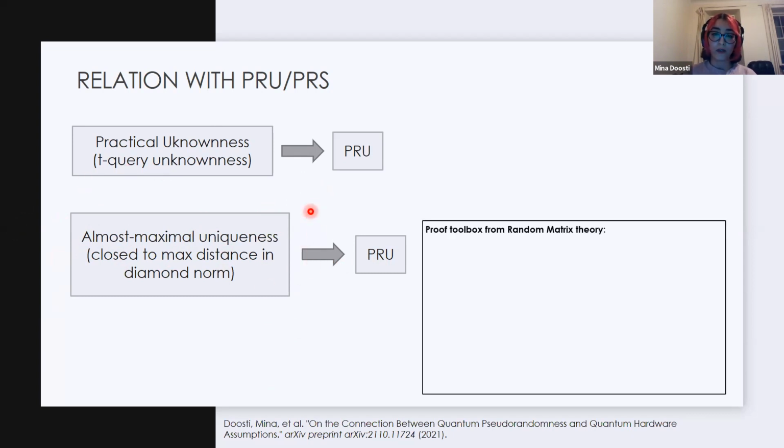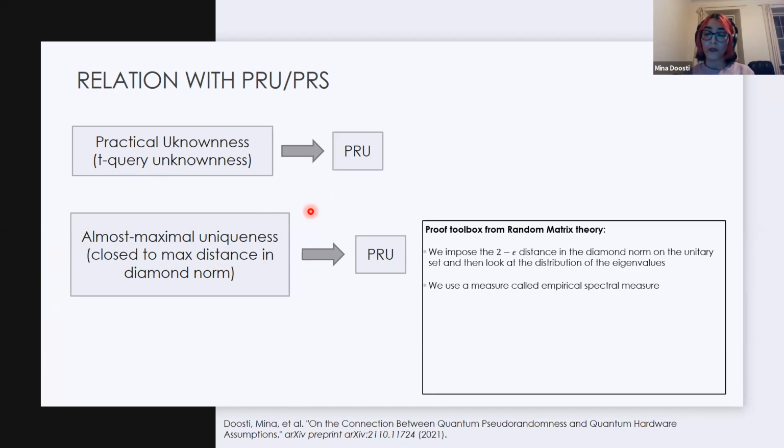And the toolbox that we use to prove that is from random matrix theory, where we show that if you impose this maximum condition on the diamond norm, and you look at the distribution that satisfies this condition, you get the eigenvalue distribution of this condition. They're distributed in a specific way. And we use a measure called the empirical spectrum measure.